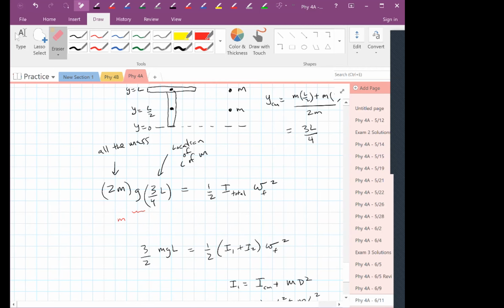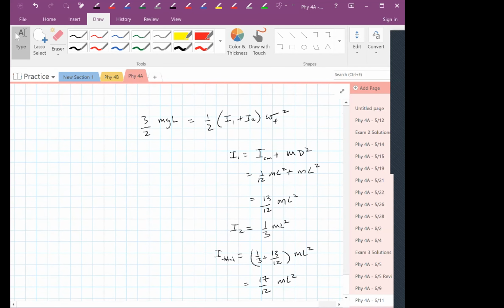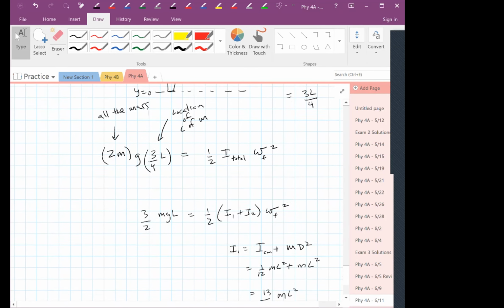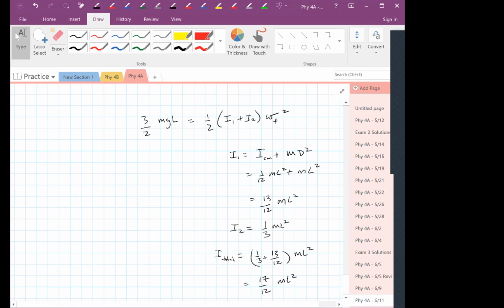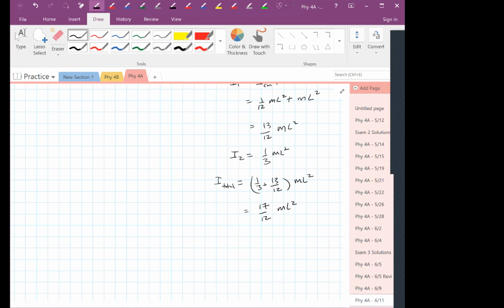Okay, maybe that's better. All right, good review there. Let's finish this one off. We've got our gravitational energy, 3/2 mgl, is equal to 1/2 I, which we just found, omega squared.